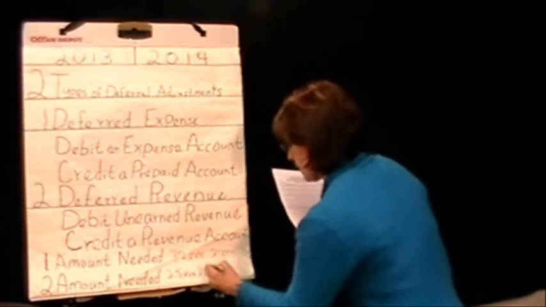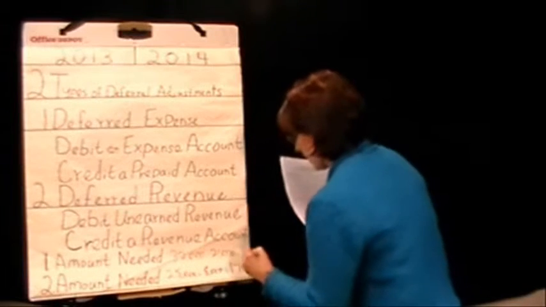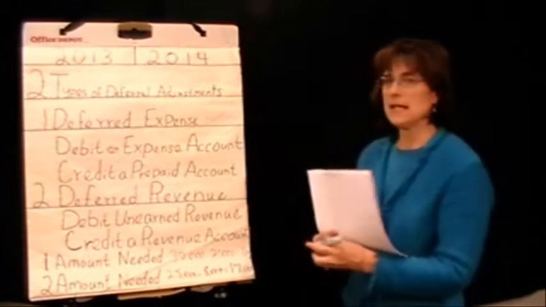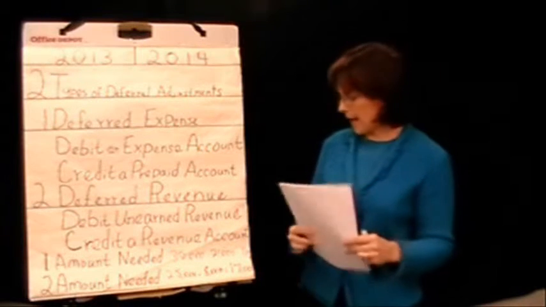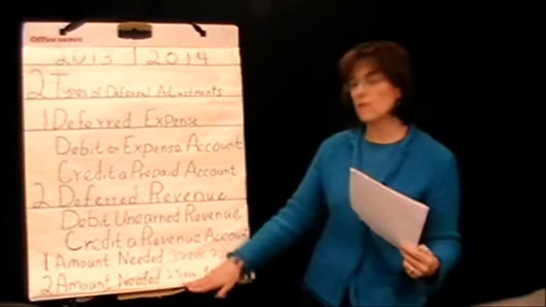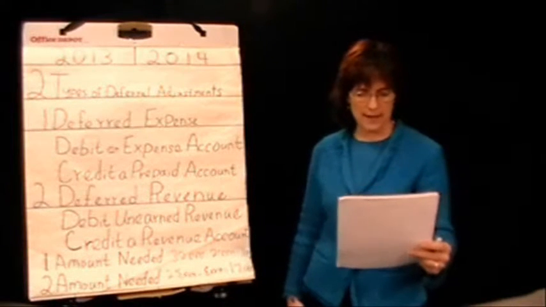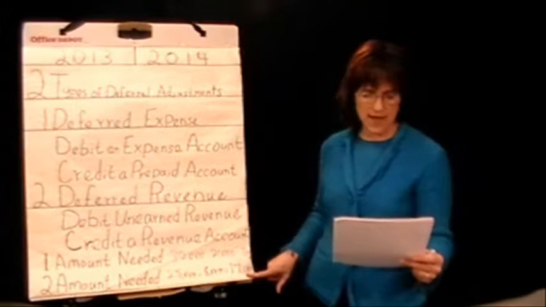And that is going to give us $17,000. So our adjustment needs to be for $17,000. Again, the balance we were trying to achieve was $8,000, but we had to subtract it from the $25,000 that was already there. All right, so our adjustment will be for $17,000.